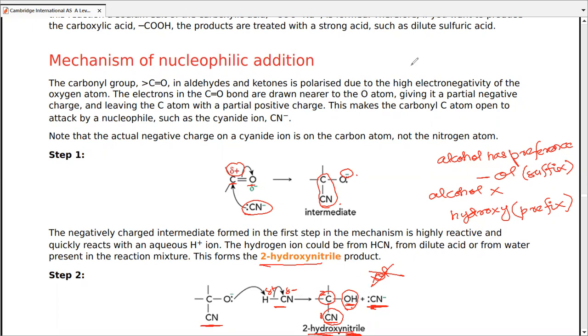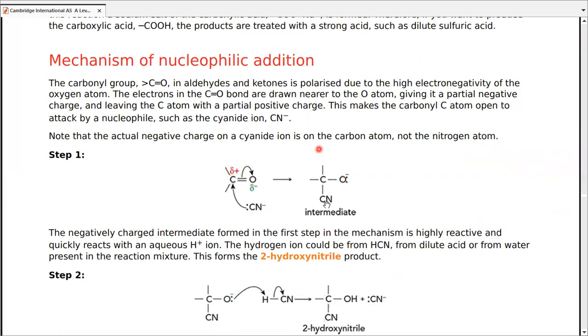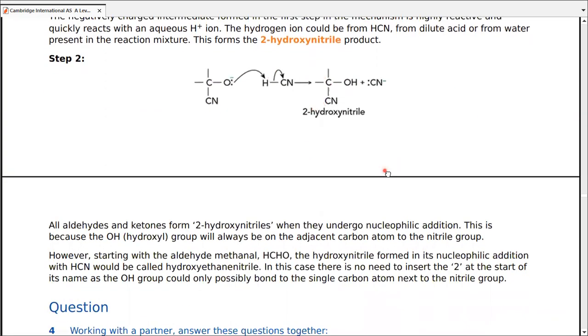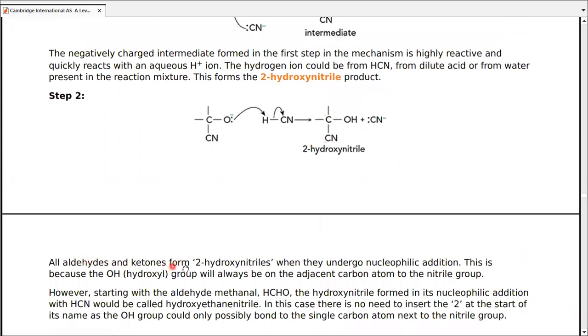Okay, so moving on. In step 2, this happens. All aldehydes and ketones form 2-hydroxynitrile products. Why are we using aldehydes and ketones? Remember, there are 2 bonds over here. If one of them is H and one is R, this would be an aldehyde forming 2-hydroxynitrile.